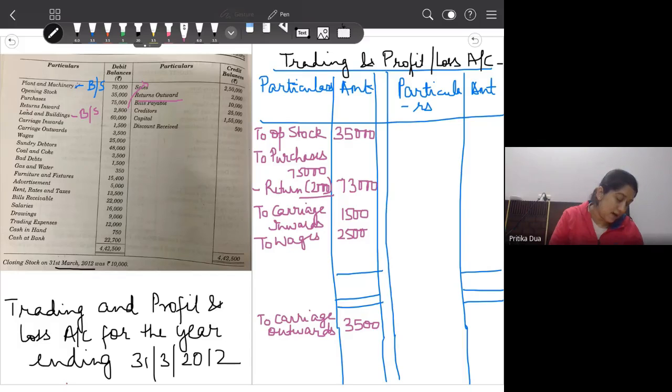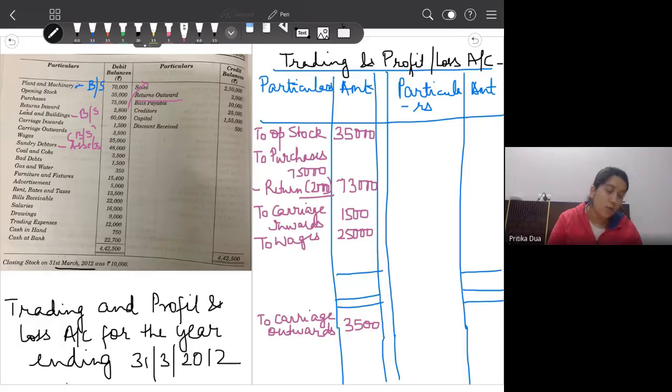So debtors are treated as assets for the business. Hence they come in the balance sheet. Those people, those parties which have something to pay to our business, who owe something to our business, are assets and known as debtors for the business.